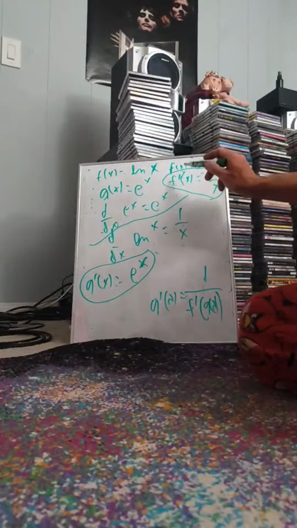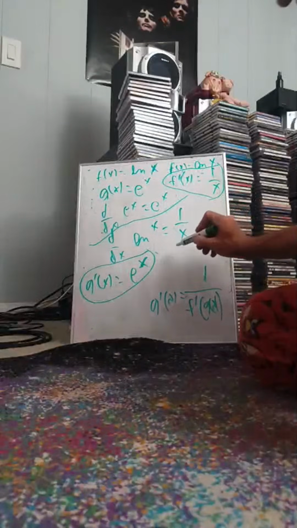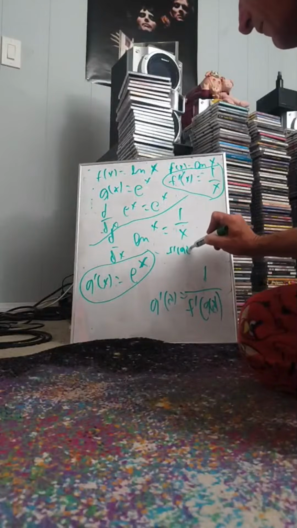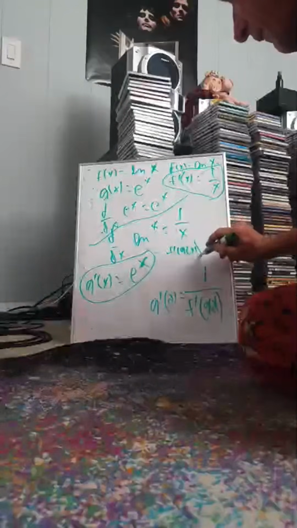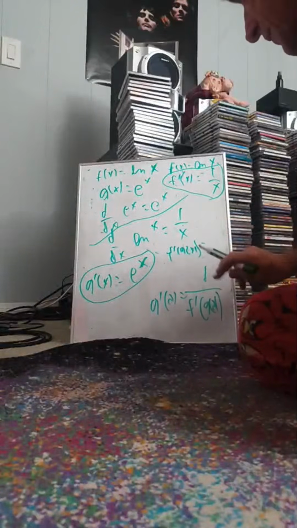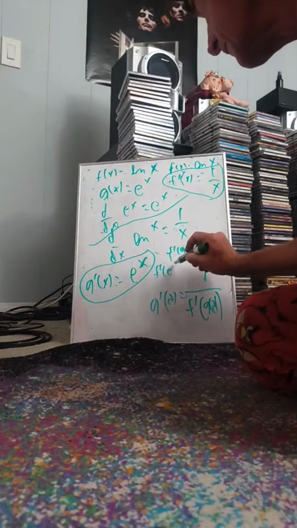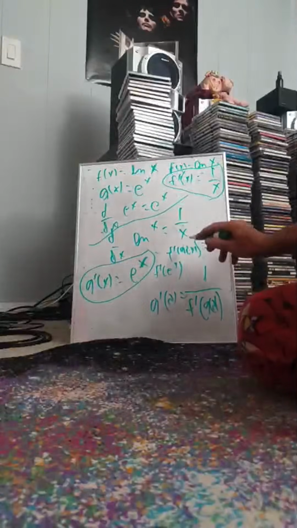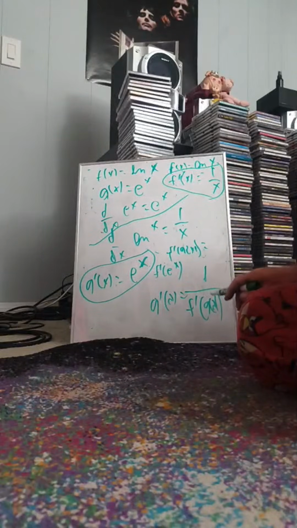So f prime of g of x equals f prime of e to the x, because g of x equals e to the x.